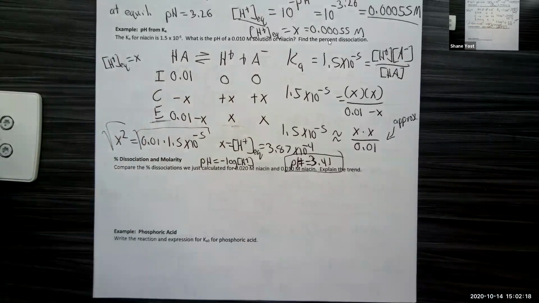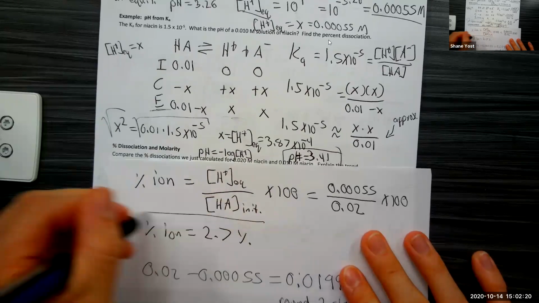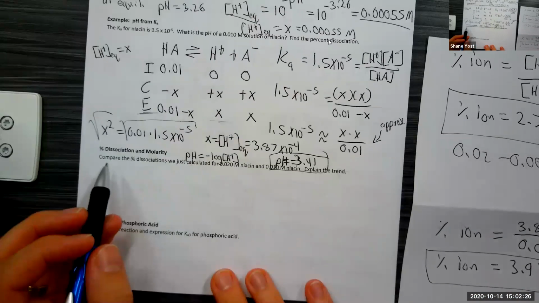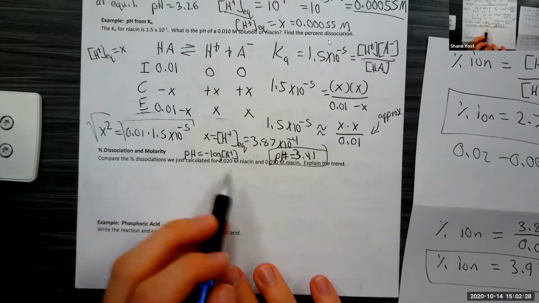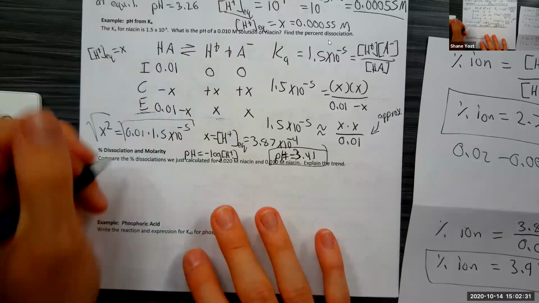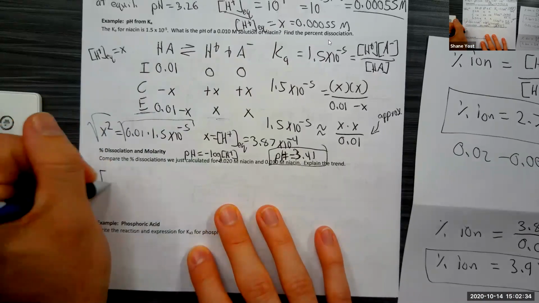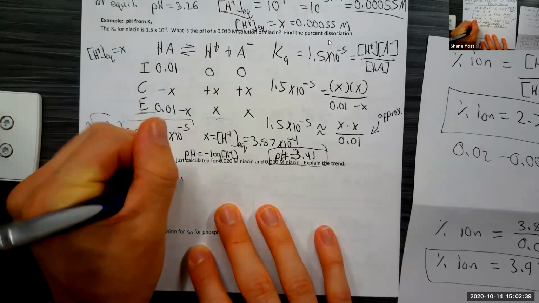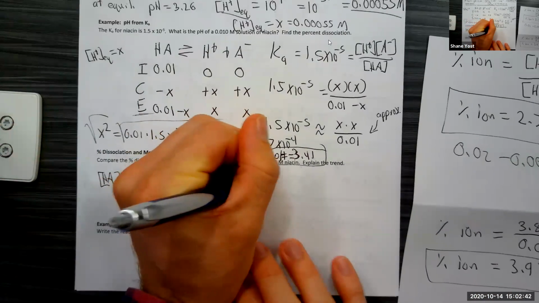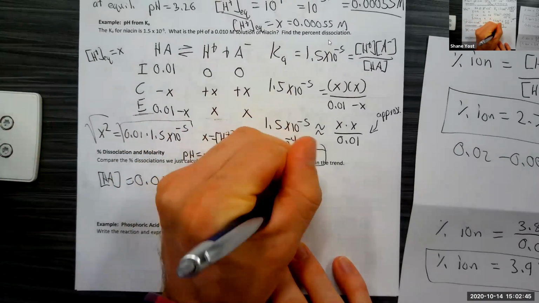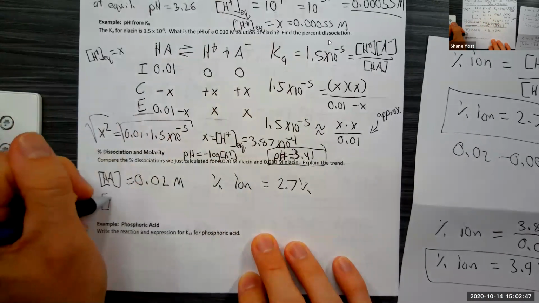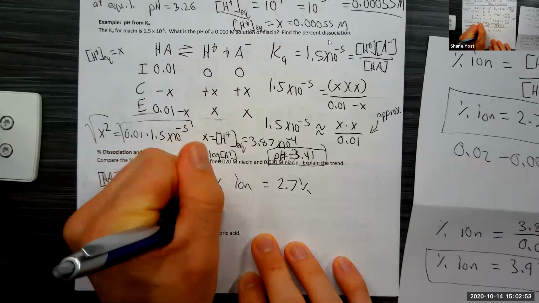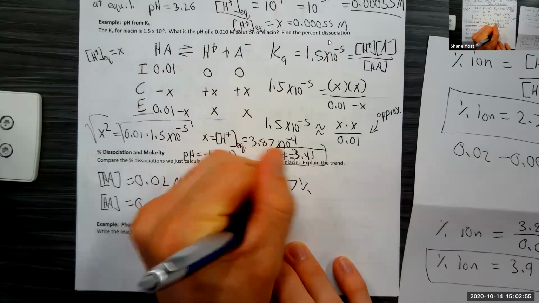And in that first problem, the percent ionization was 2.7%. So this last question here is to compare the percent ionizations for the 0.02 and 0.01 molar solutions. For the concentration of HA, the niacin, equaling 0.02 molar, percent ionization was 2.7%. And for the concentration of HA equaling 0.01 molar, percent ionization equals 3.9%.